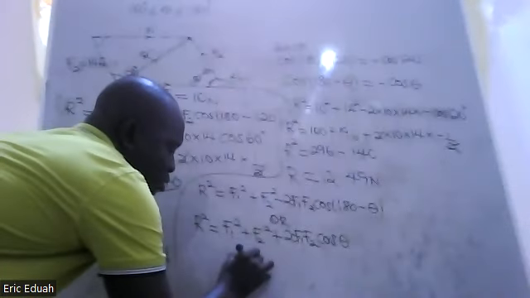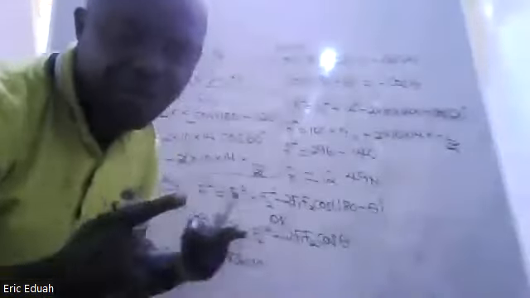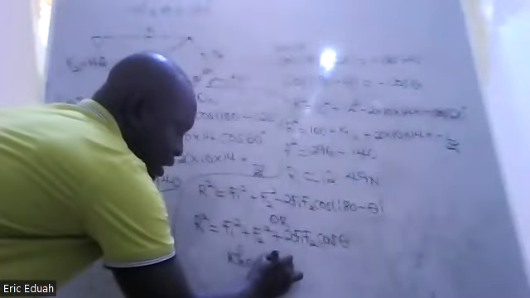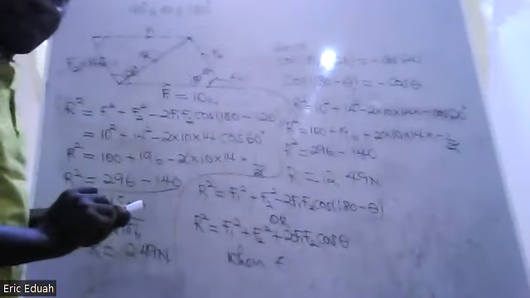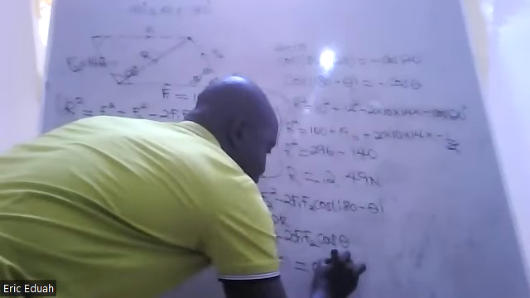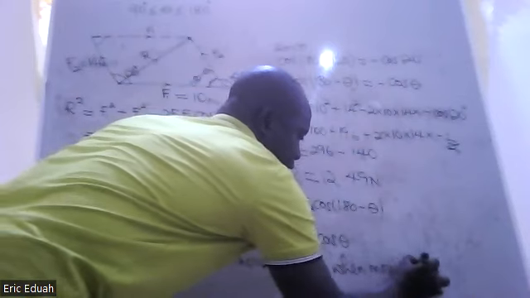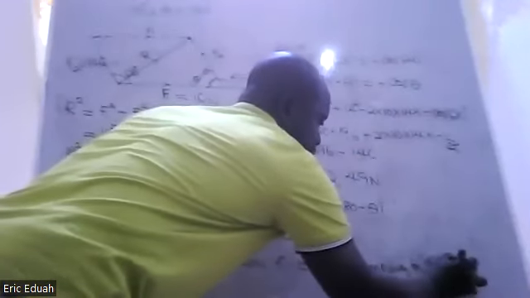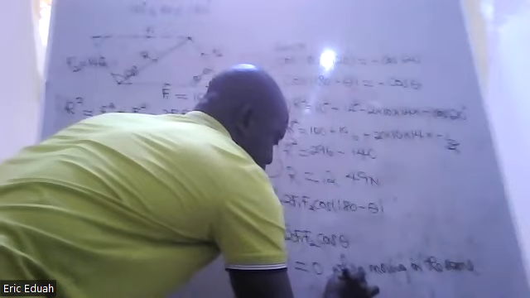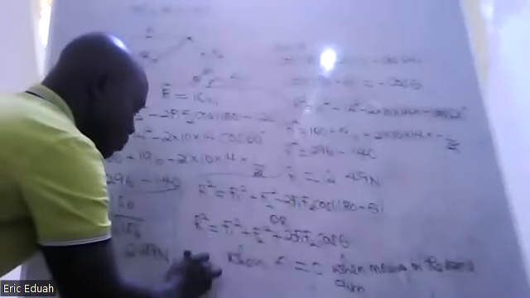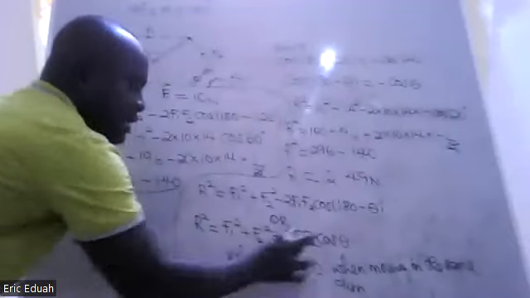When two forces are moving in the same direction, what is the angle between them? 0 degrees. So theta is equal to 0. Put 0 degrees for theta.